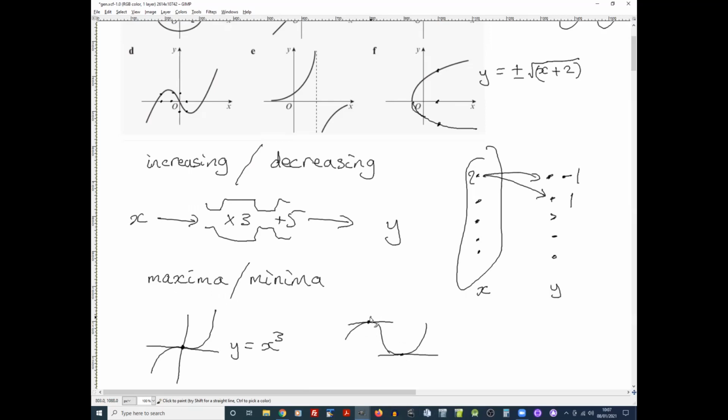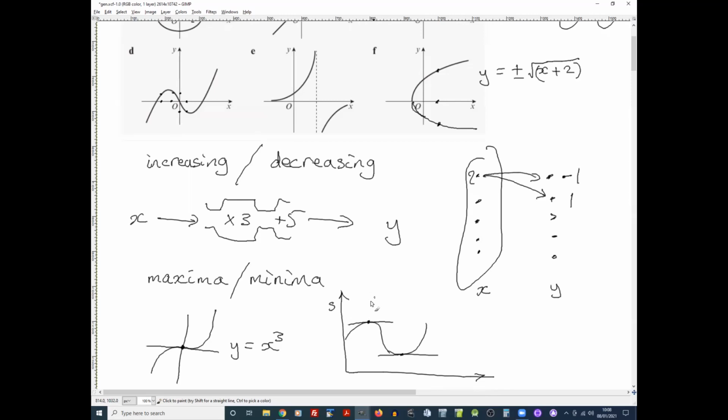A very common word for that, for example on a distance-time graph, displacement against time: here you're moving away from the origin, and here you're moving back towards it, except at these points where you are turning around.